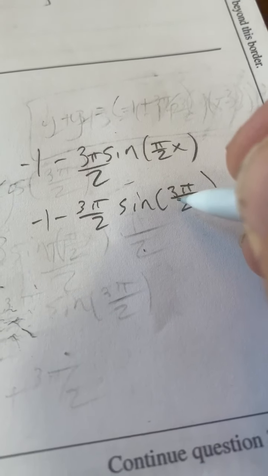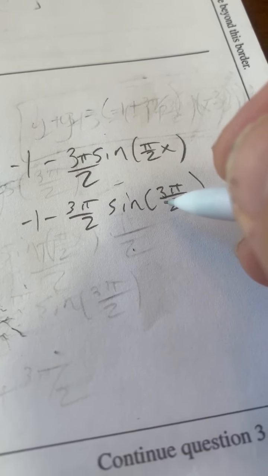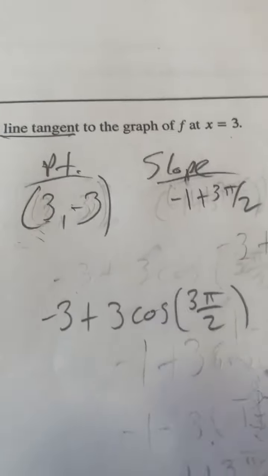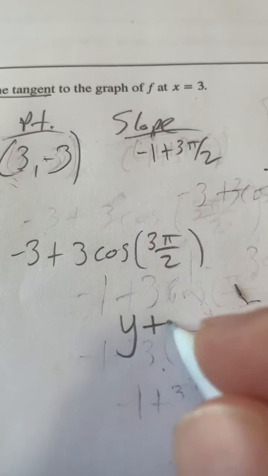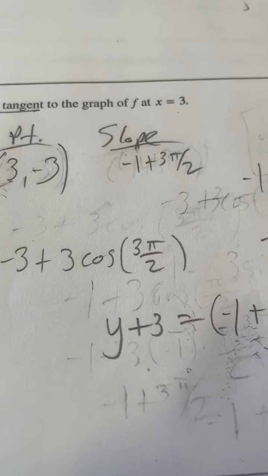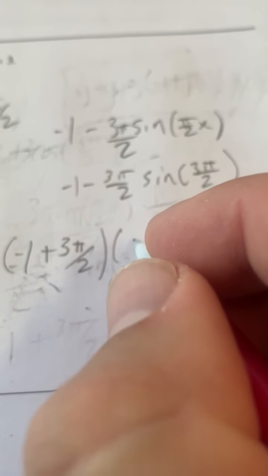Sine of 3 pi over 2 is negative 1. So if I get negative 1 there, that means this just becomes a plus. So I get negative 1 plus 3 pi over 2. So that means my tangent line equation is y plus 3 equals the slope of negative 1 plus 3 pi over 2, that's the slope, times x minus 3. You could subtract the 3 over here, but you don't have to. That'll work.